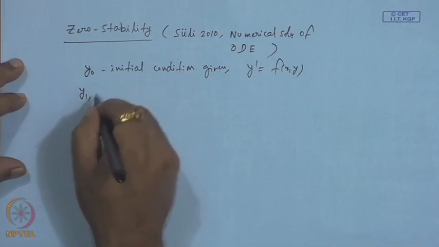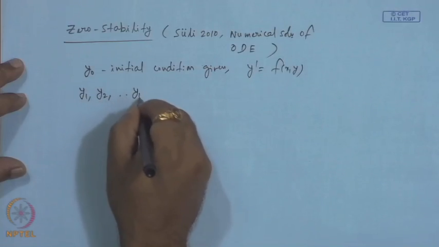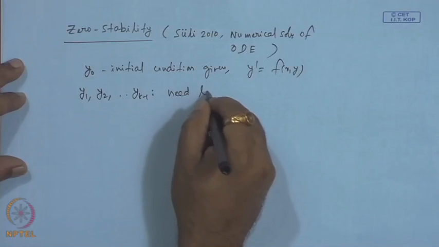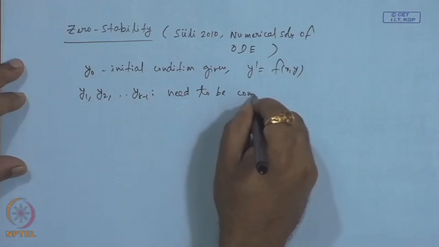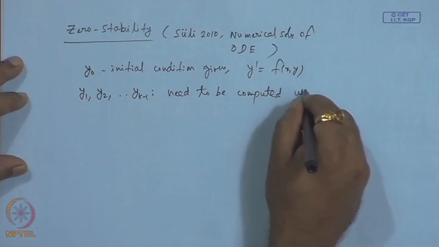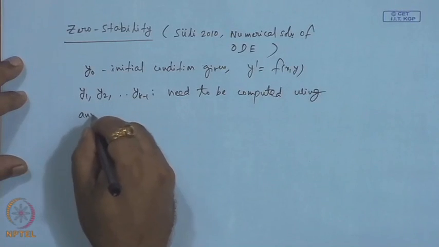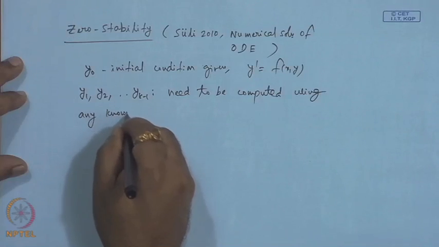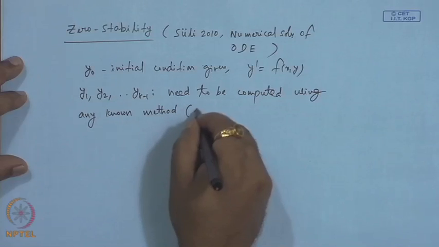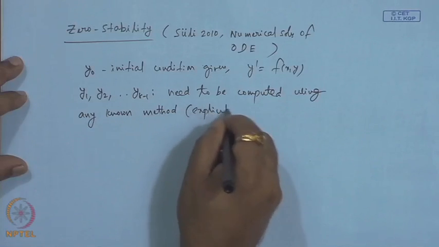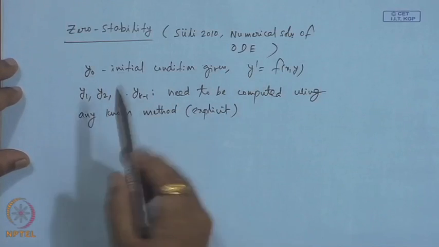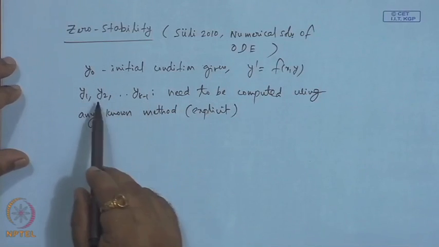The values y 1, y 2, up to y k minus 1 need to be computed using any known method, of course explicit, because for a multi-step method we need data at past points.